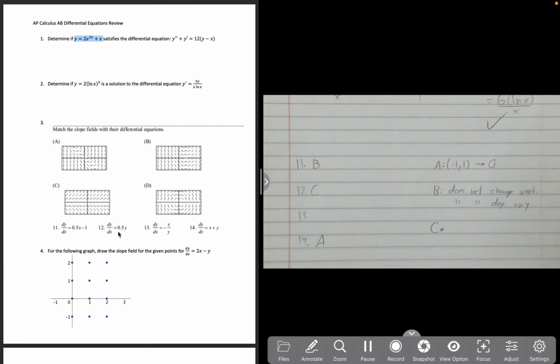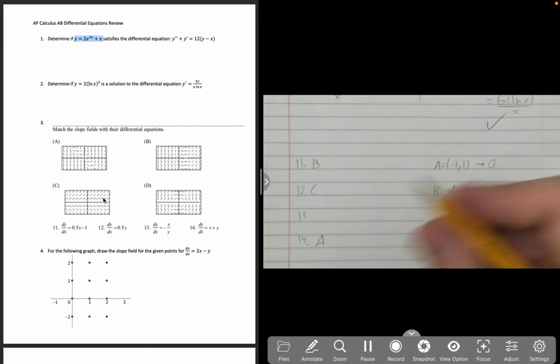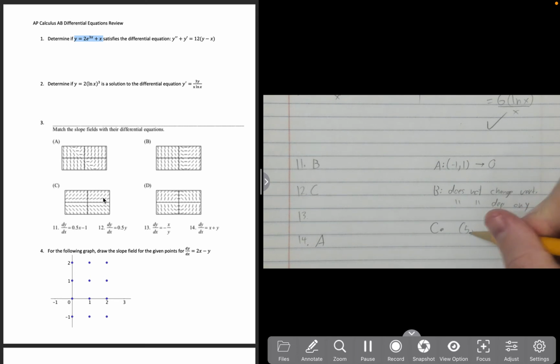Now, again, let's also just say we could confirm that using our other strategy here. So for instance, it looks like here I get, let's see here, let's choose a far out one here. So like for instance, 5, 1. 5, 1 looks like it has a slope of almost 1.